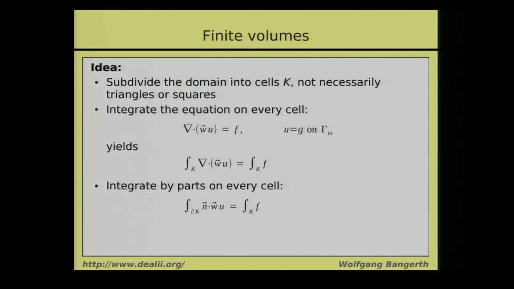Now, one of the things that you can do in this sort of case is that you have an integral of the divergence of something. And you remember the divergence theorem, namely that the integral of the divergence of this thing equals the integral of the normal vector times the integrand W times U. Okay?